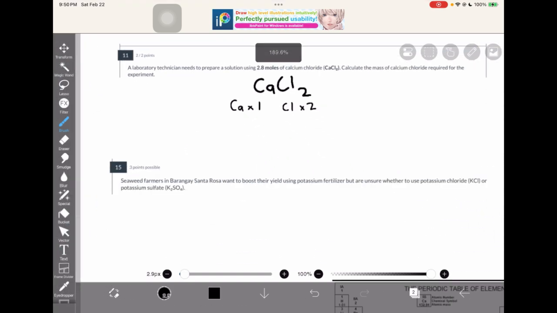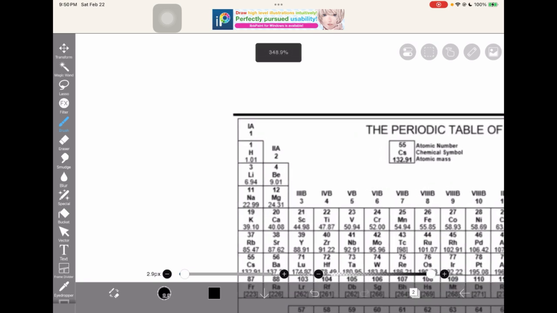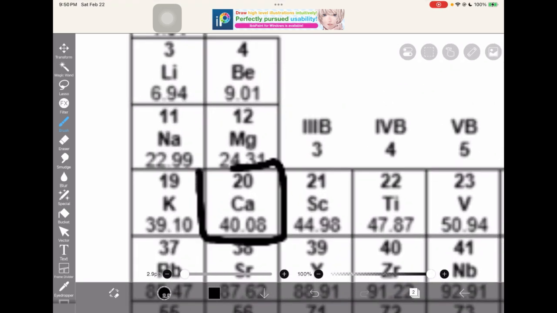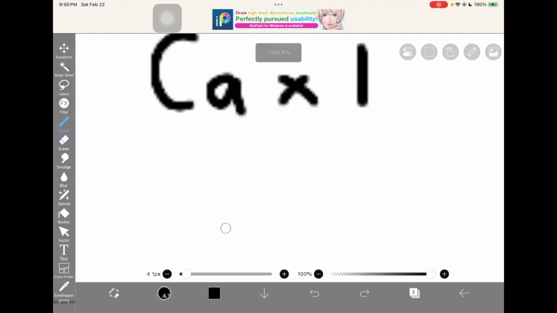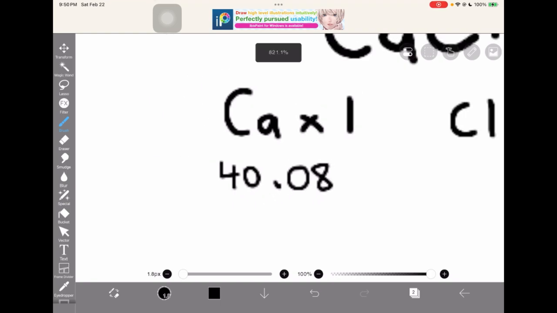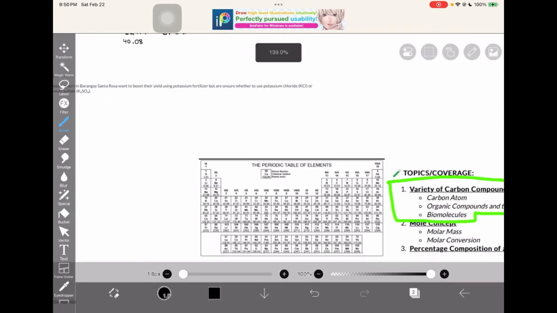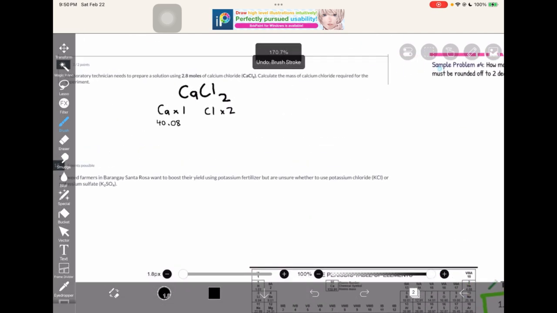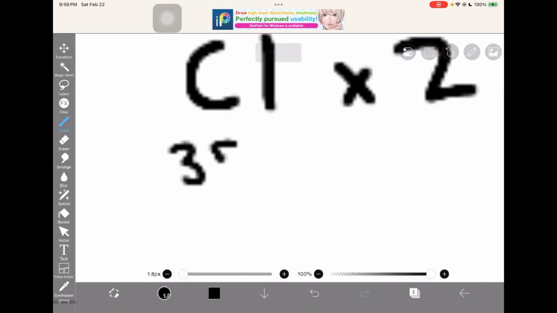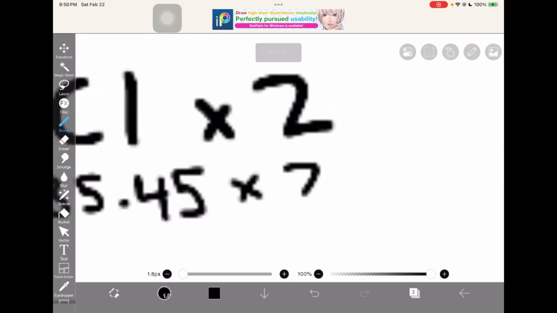Now, we just need to find the atomic masses of calcium and chlorine respectively. Ca over here has an atomic mass of 40.08. Since we're just looking for 1, it's going to be 40.08. Meanwhile, for chlorine, we have Cl over here. That's 35.45. Since we have 2 of them, we have to multiply by 2.